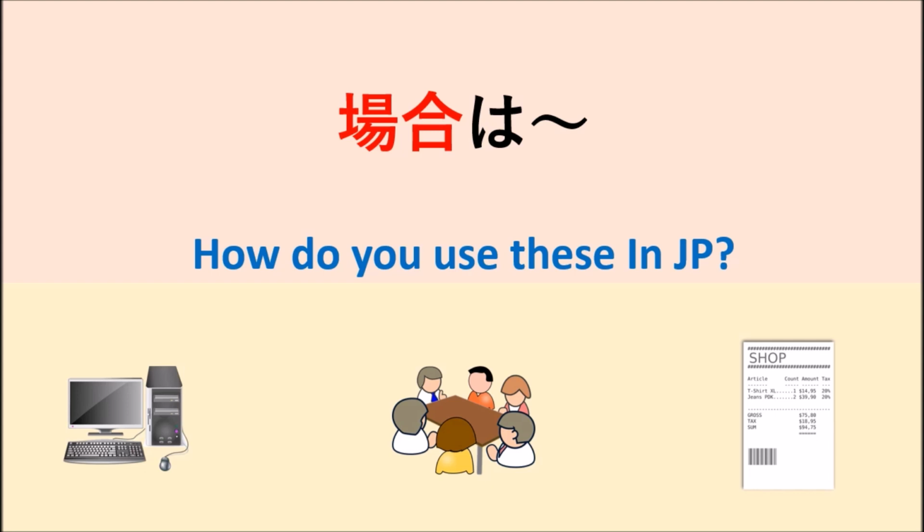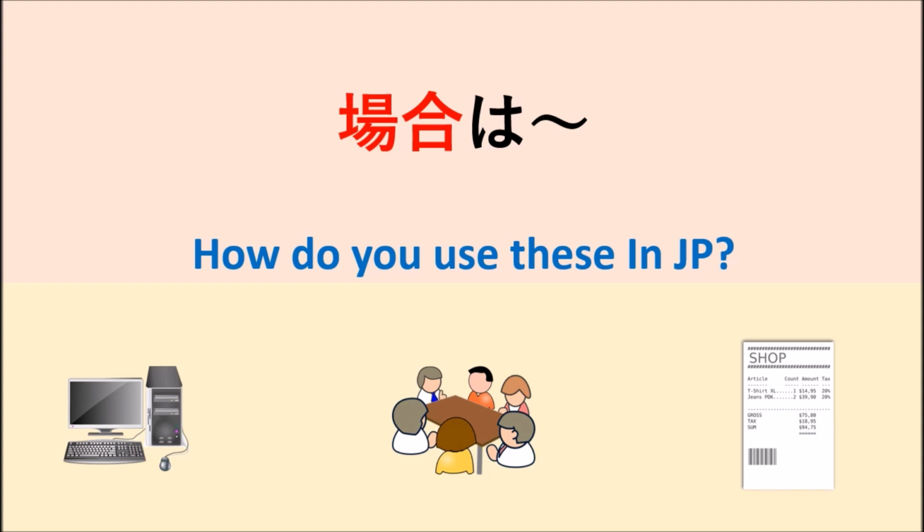Anything that ends in e, this means the word should be in the plain form, because the plain form ends in e, and you can use the i adjective, for example yoi or warui. Warui baai, yoi baai, right? Something like this.